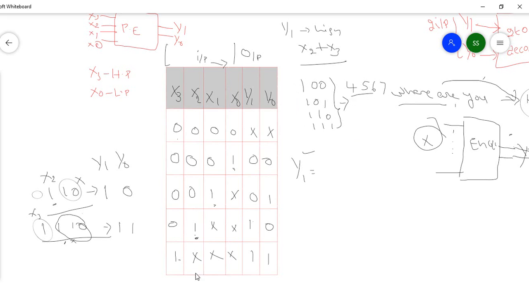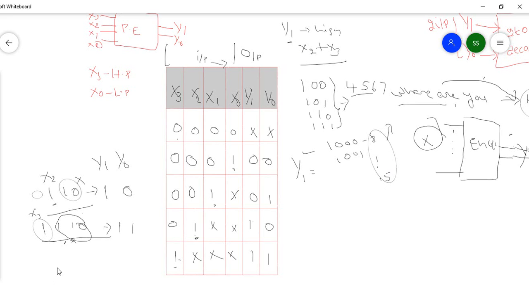Next one, it is high for x3. So what is the meaning of x3 being 1? It is the condition of 1 0 0 0, x3 condition. Okay, high only after 8. Yes or no? And 1 0 0 1 up to 15 is possible. So 8 to 15 is possible. So for 4, 5, 6, 7 and 8 to 15, y1 is high.